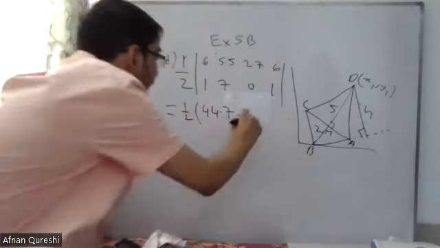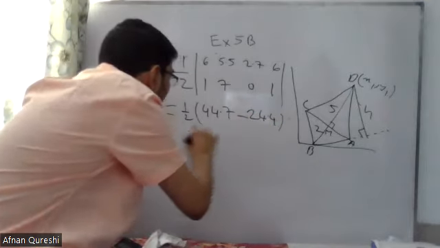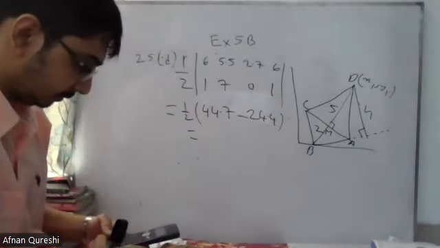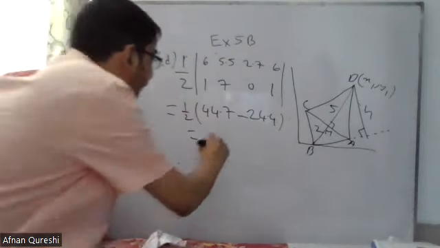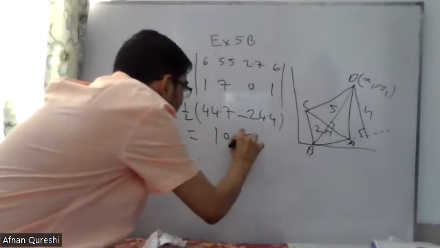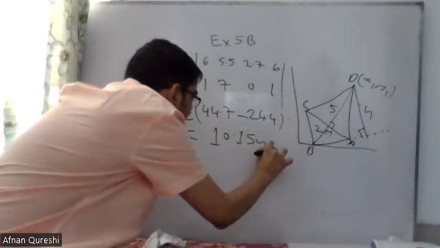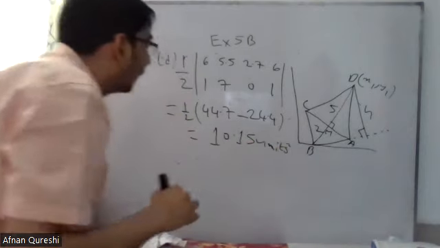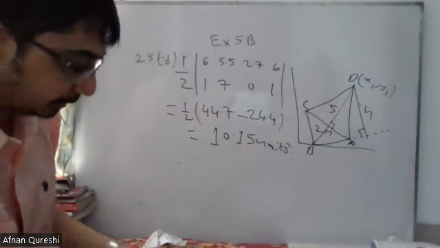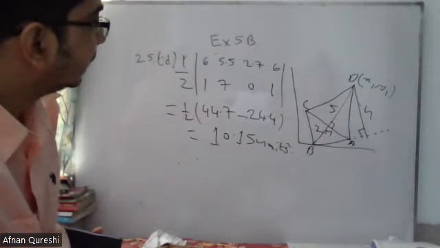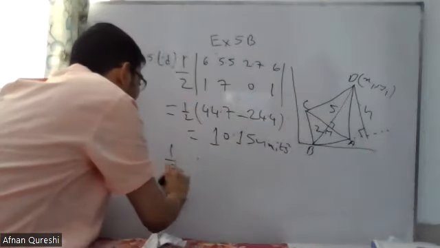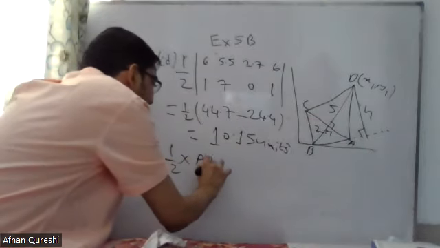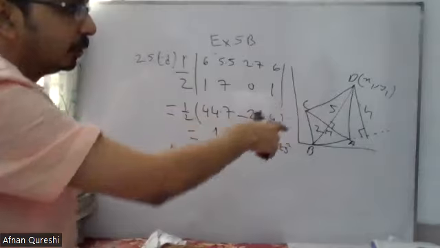This is 24.4. So the area is 10.15 units square. This is the area of triangle ABD.